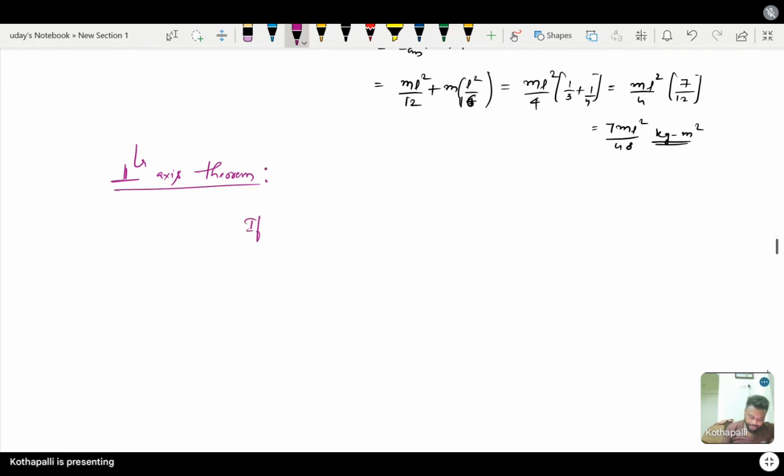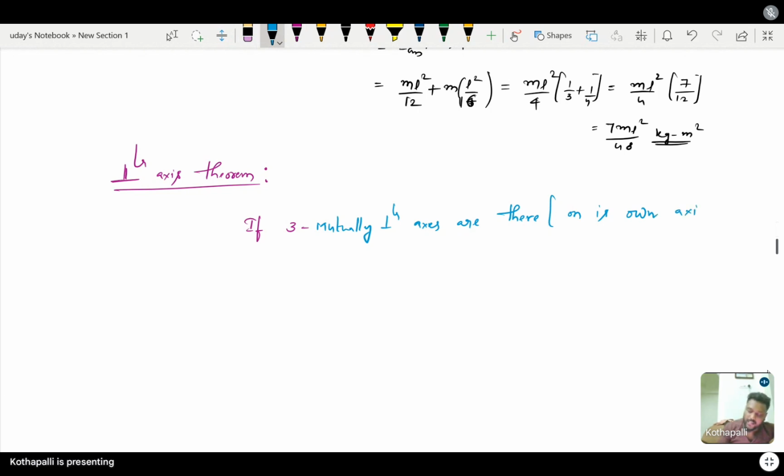If three mutually perpendicular axes are there, put this in brackets: one is own axis.